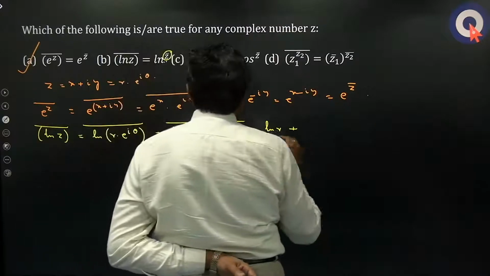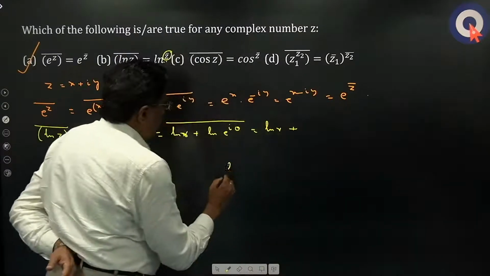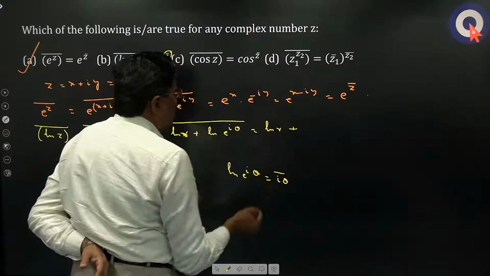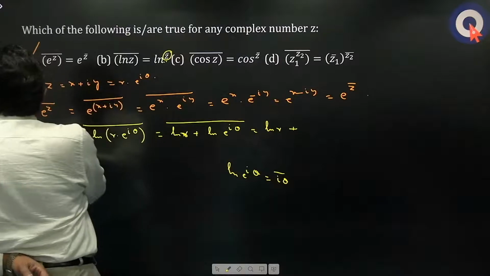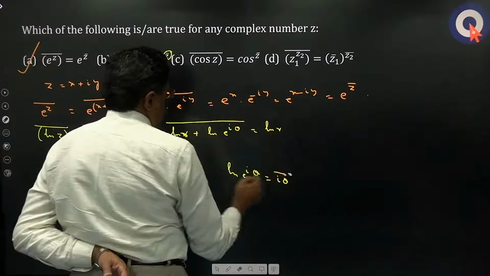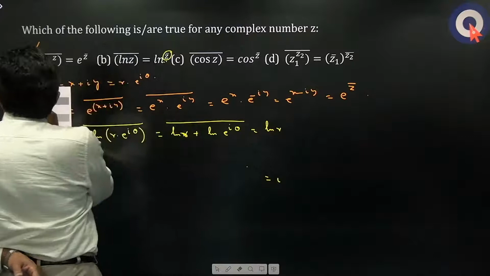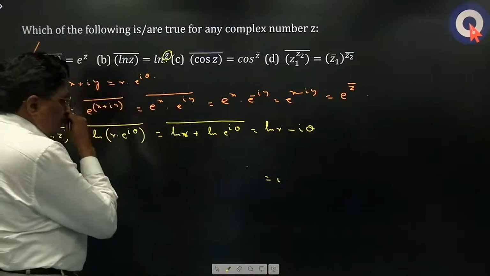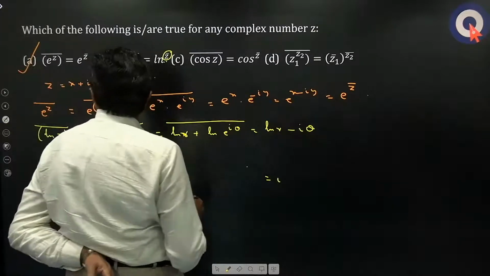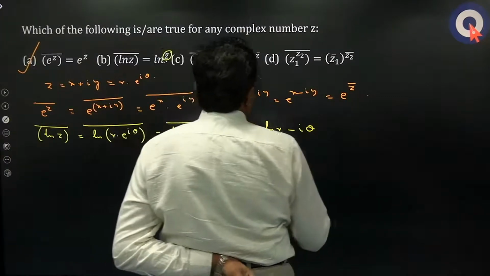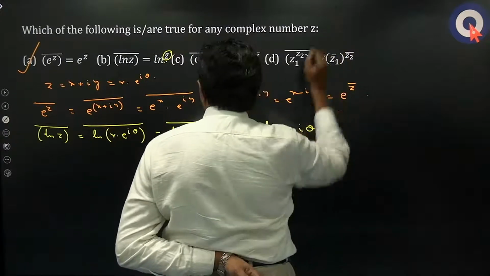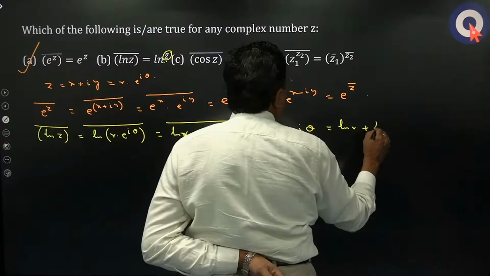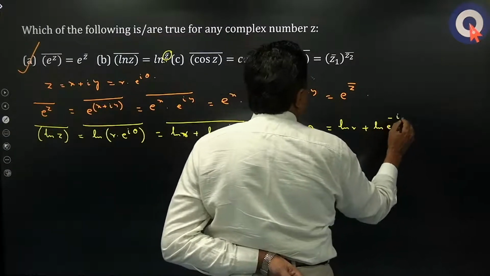And here ln of e power i theta is basically i theta. Its conjugate is minus i theta. So ln r plus ln e power minus i theta.